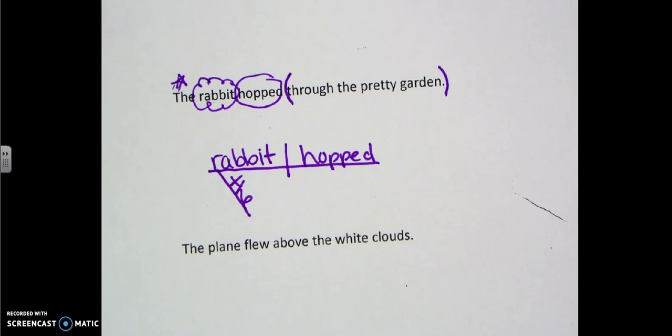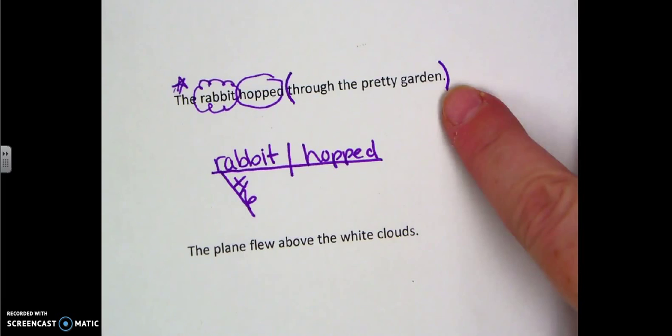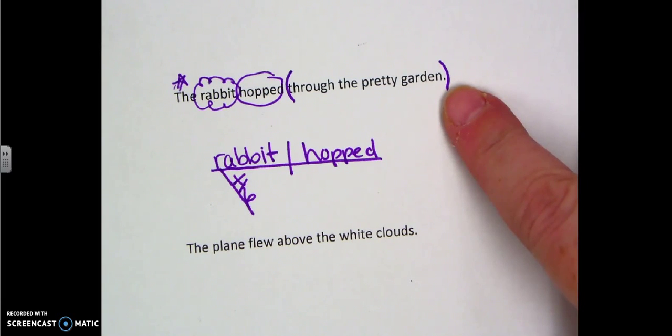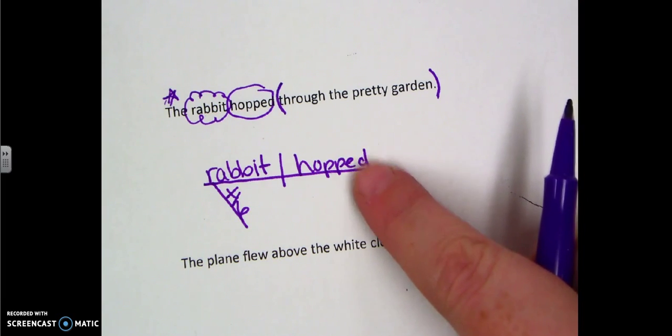It hopped through the pretty garden. So we're going to put the prepositional phrase underneath the word hopped because right now it's acting as an adverbial phrase. Okay? And adverbs modify verbs, adjectives, and other adverbs. So we want to put it underneath the verb here.